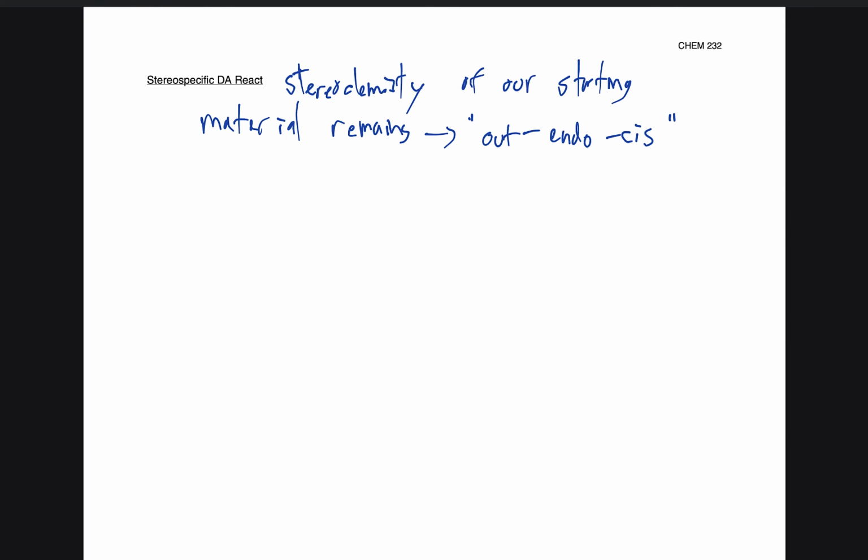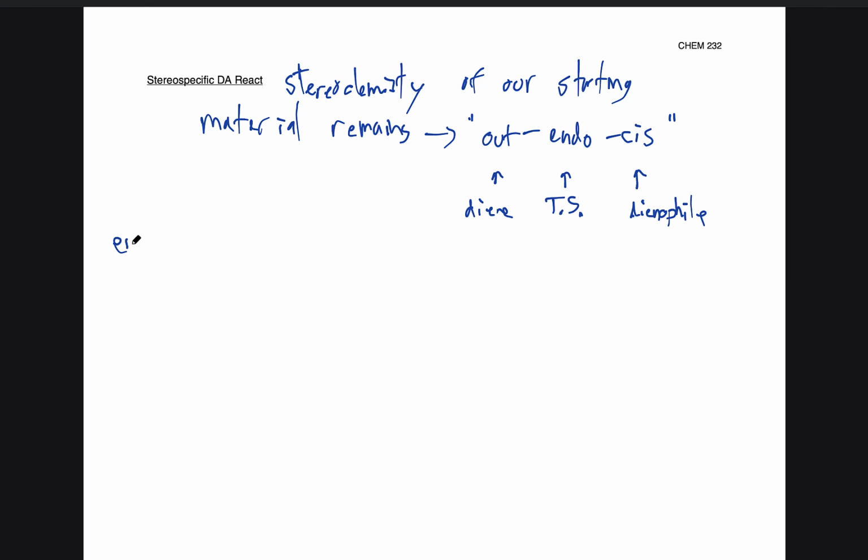And we'll break down what this means in a second here. Out refers to the diene, endo is the transition state, and cis is the dienophile. Okay, and the application is less complicated than this maybe looks right now.